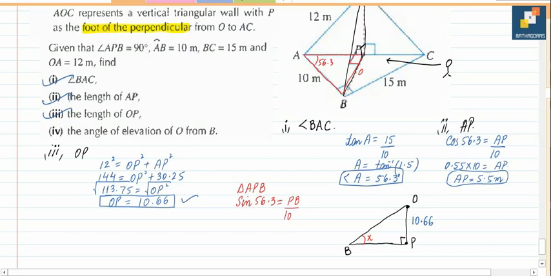Sin 56.3 is 0.83. Multiply by 10 gives you the value of PB. So it will be 8.3 equals PB. Now we need to use this value here, 8.3.